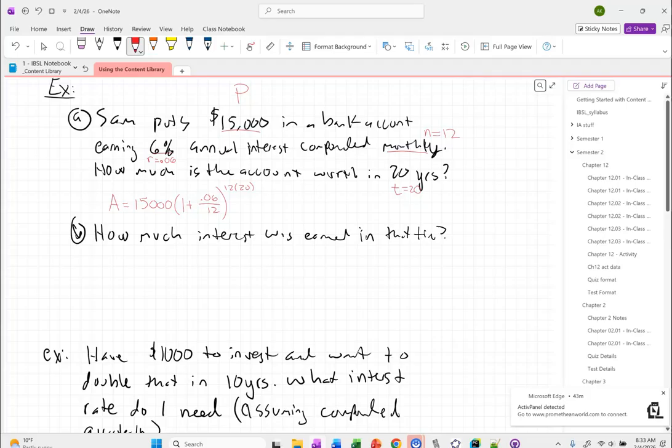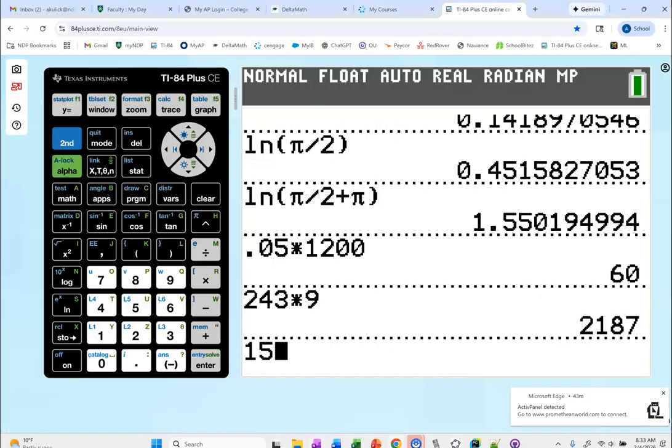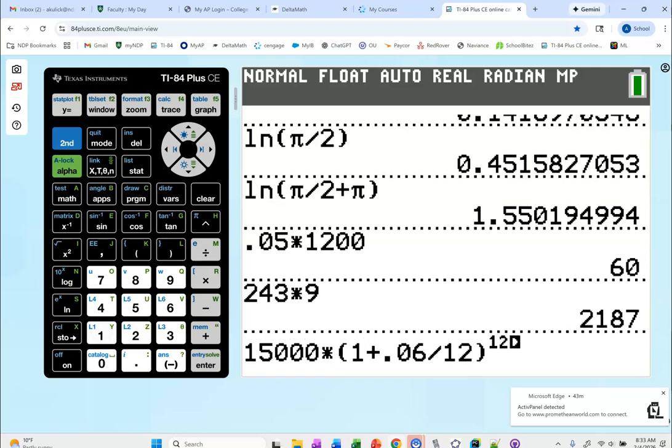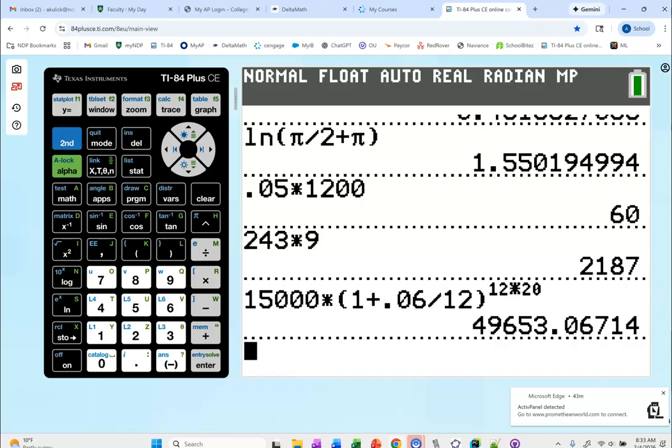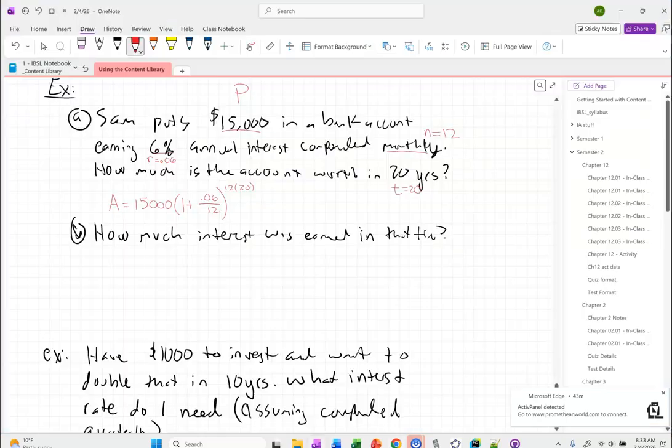Into my calculator she goes. And 49,653.07. That's got to be close-ish.